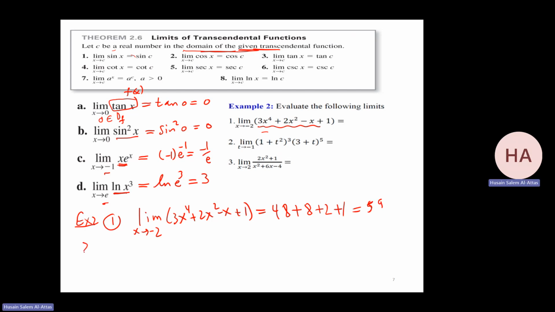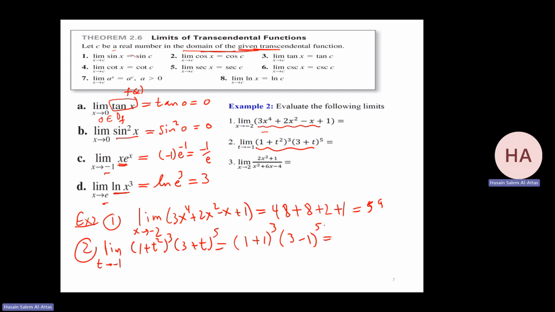Okay. Second problem. This is just a polynomial. When you do the product, you will get a polynomial at the end. So how to find the limit? Just substitute. Nothing to worry about. You have t squared plus 1 cubed, 3 minus 1 to the power 5.